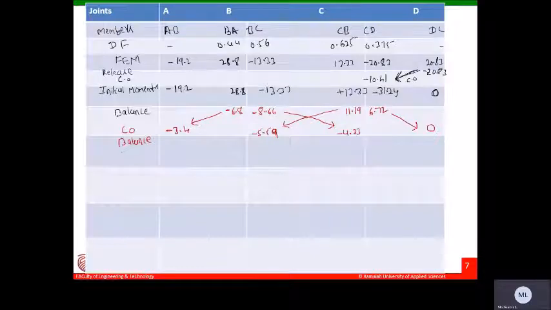Then what I have to do? As I said earlier, the summation of the movement multiplied with the distribution factors, change the sign, write down the values. Minus 5.59 multiplied with 0.44.